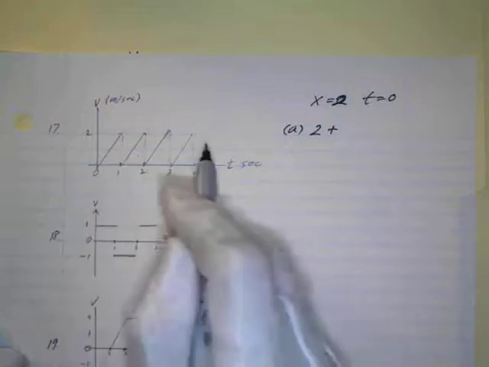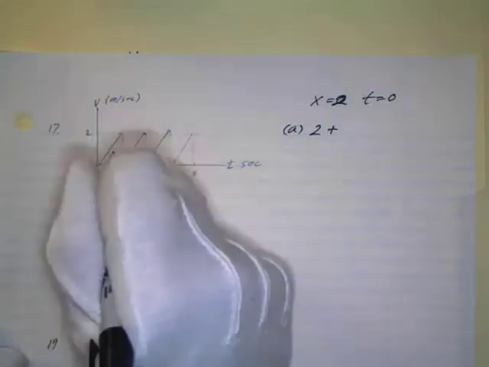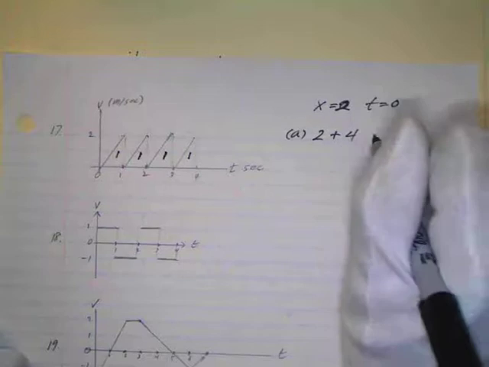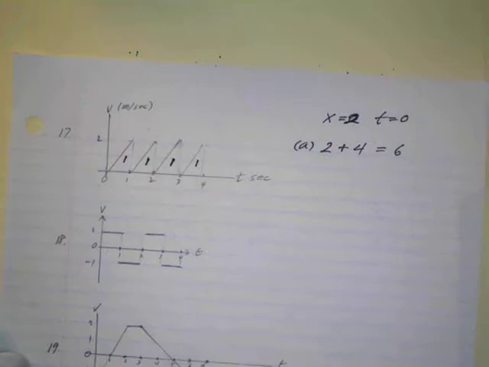So I've got all these triangles. Now the base is 1 and the height is 2, so the area of each of these triangles is 1. So that actually represents the distance I've traveled.